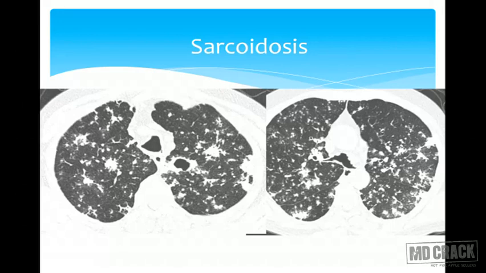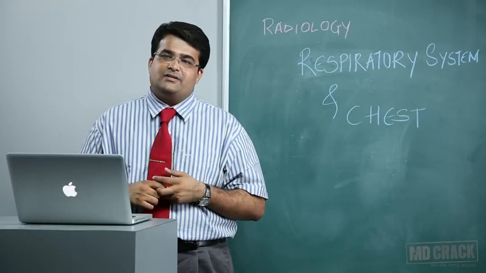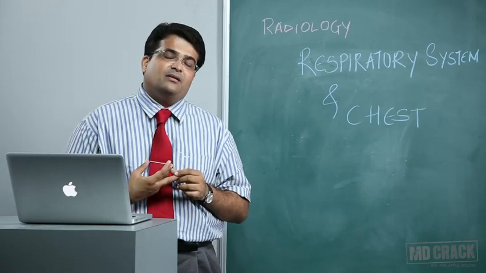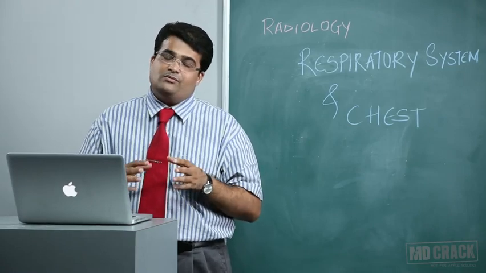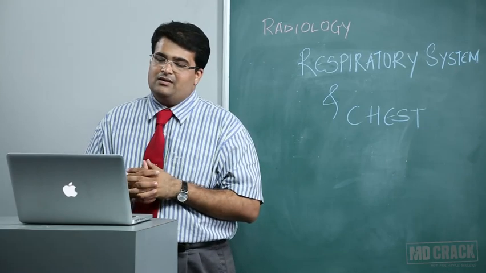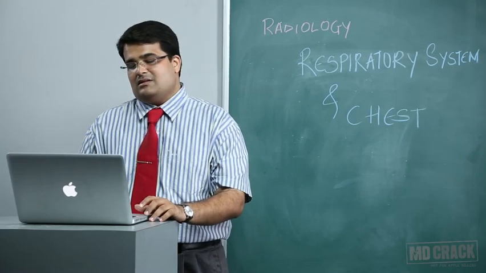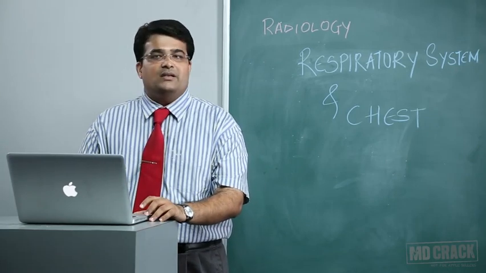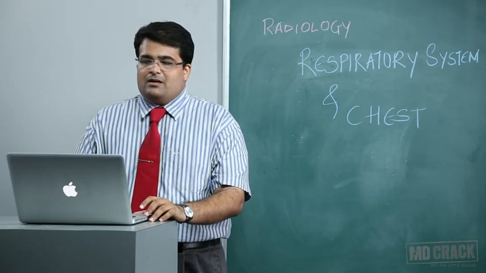So if you see tree-in-bud appearance, you need to rule out, is it sarcoidosis or is it tuberculosis? One way to differentiate is the lymphadenopathy. You need to know that lymphadenopathy in sarcoidosis is non-necrotic, which can be well identified on CT. So sarcoidosis is associated with lymphadenopathy, and one needs to look for those.